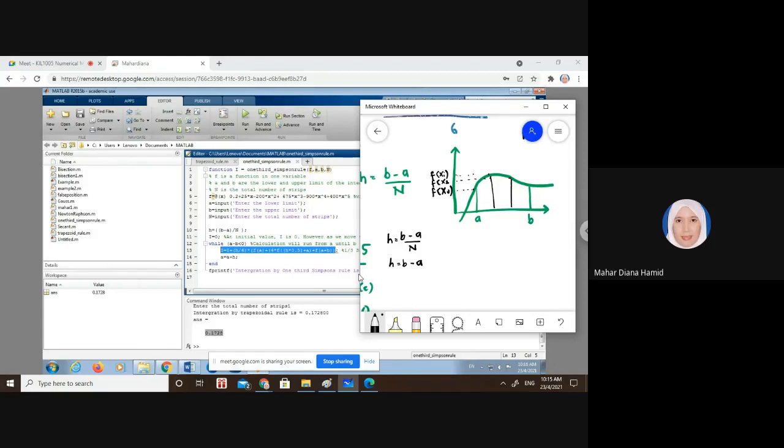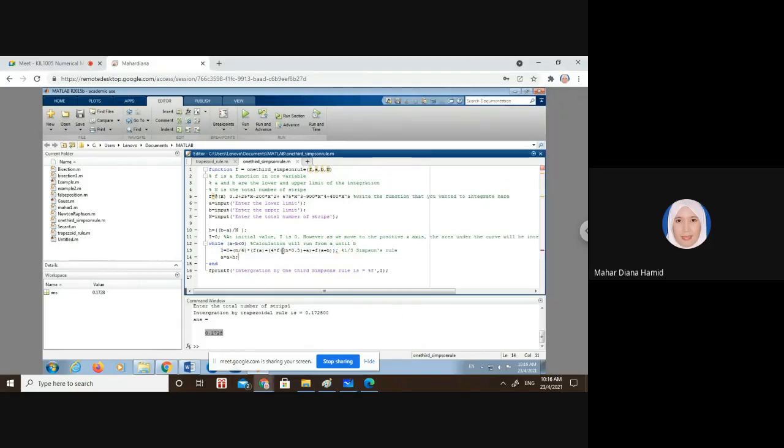So this is h over 6 plus f(a) plus 4 times f of a plus h times 0.5, plus f of a plus h. There's something wrong here.